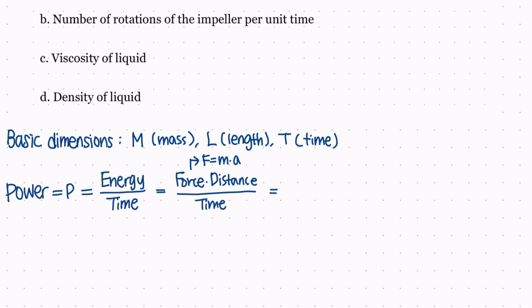We can write these equations with dimension of m times L times T to the negative 2 times L for distance over time. If we simplify this equation, it's m L squared T to the negative 3.